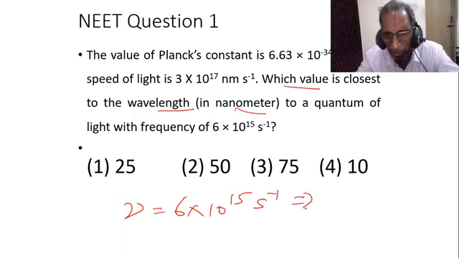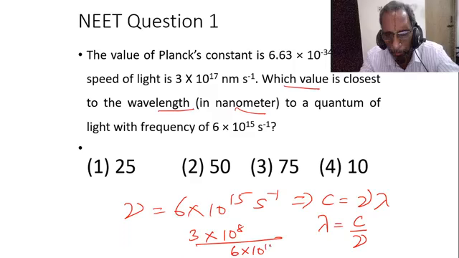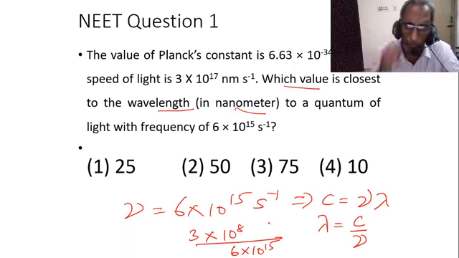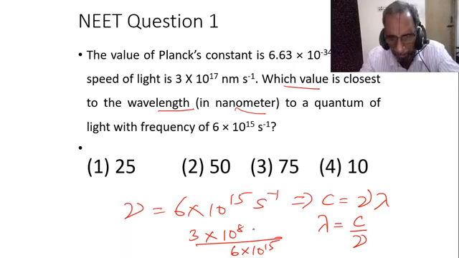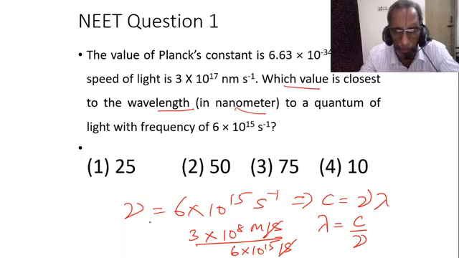We know the relation c is equal to nu lambda: velocity is equal to frequency into wavelength. We want lambda, so lambda is equal to c by nu. c is 3 into 10 power 8 divided by nu, which is 6 into 10 power 15. Meter per second and per second get cancelled, so you get the value in meter.